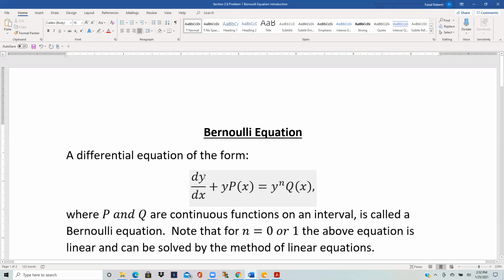So whatever is in the numerator, here it's y. So you look for y times the function of the other variable equals, again, y power n times the function of the other variable.